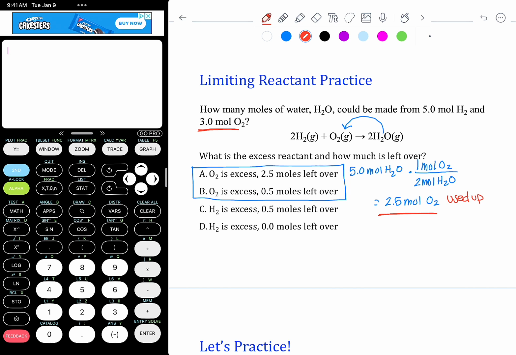Well, it's the difference of those two. So we take 3.0 moles of oxygen and subtract off the 2.5 moles of oxygen that we used, and we have 0.5 moles of oxygen left over. So our answer for this would be B.